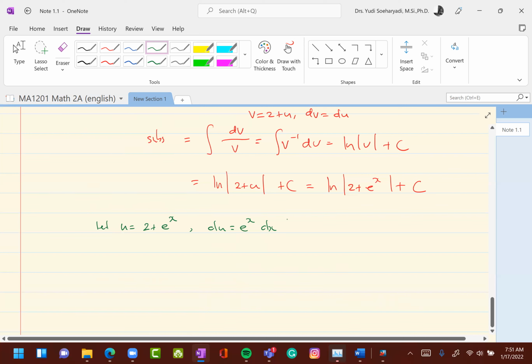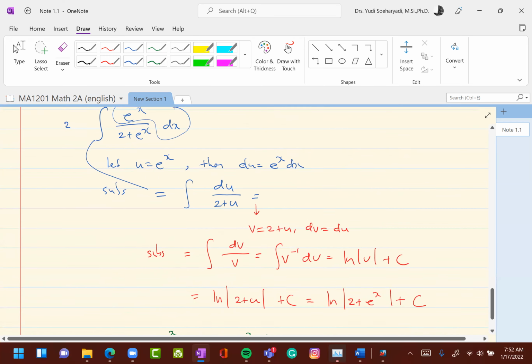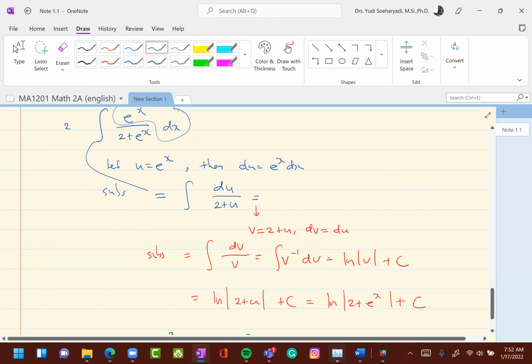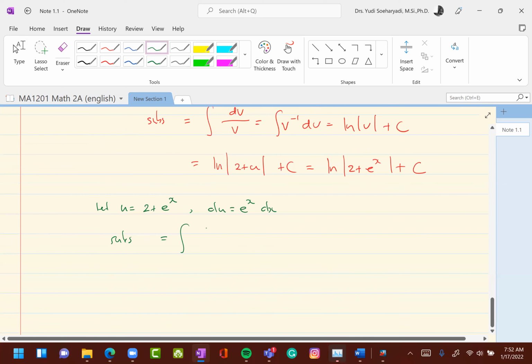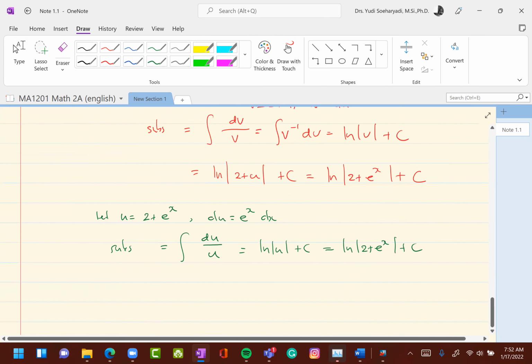Right, so then substitution gives you, let's see, here, e to the x dx, same thing, so that's the du. That's directly. So you get the same thing, but in one step.